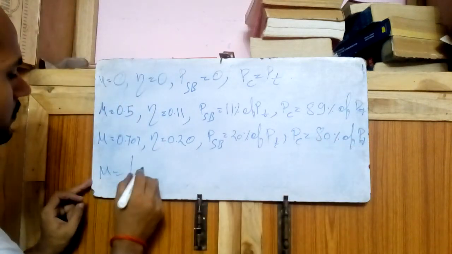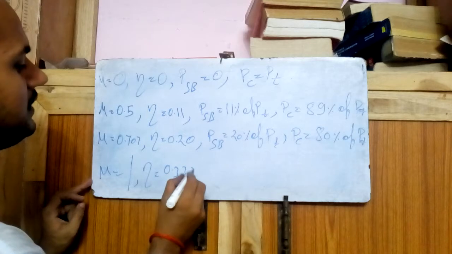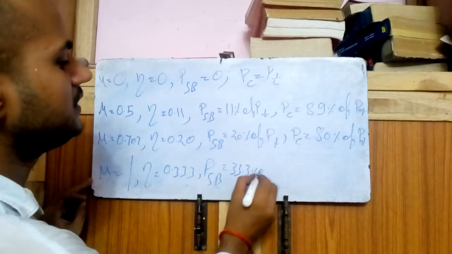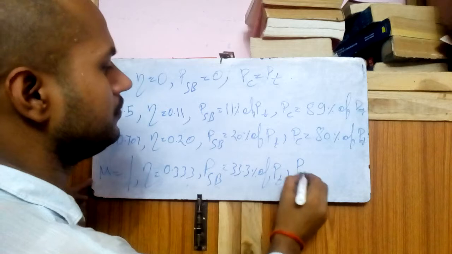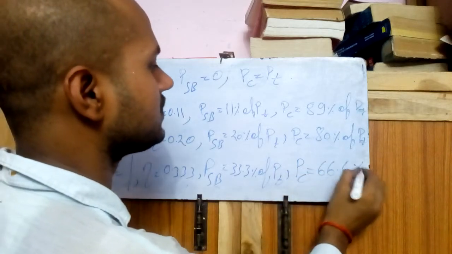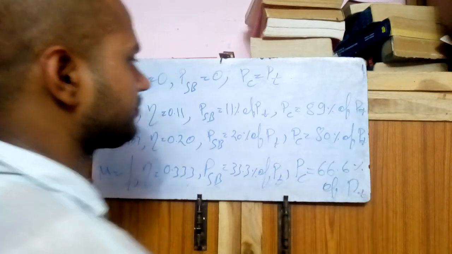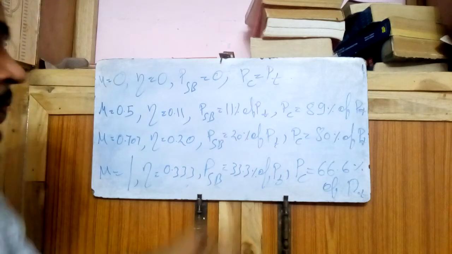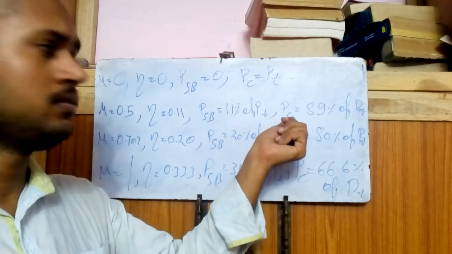Mu equal to 1, eta is equal to 0.333. Sideband power is 33.3% of Pt, Pc is 66.6% of Pt. So what is the analysis? Pc is equal to Ac square by 2R.